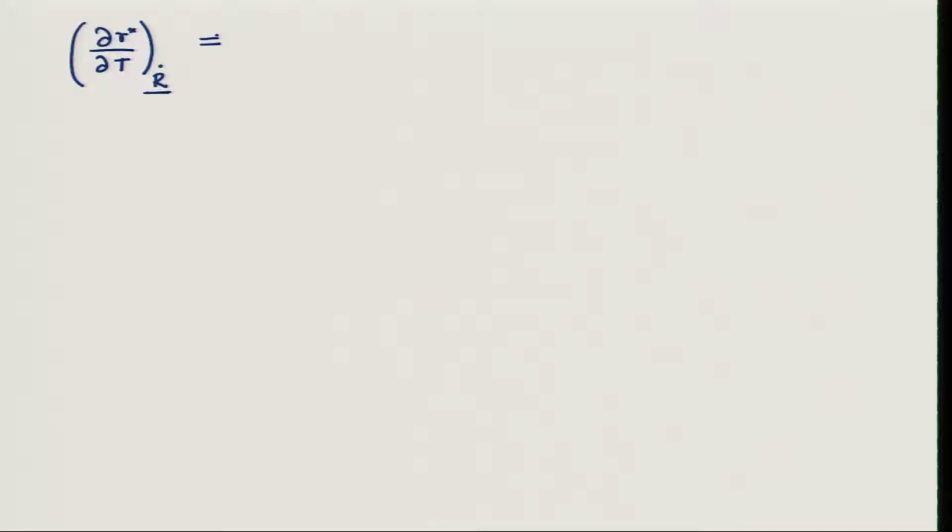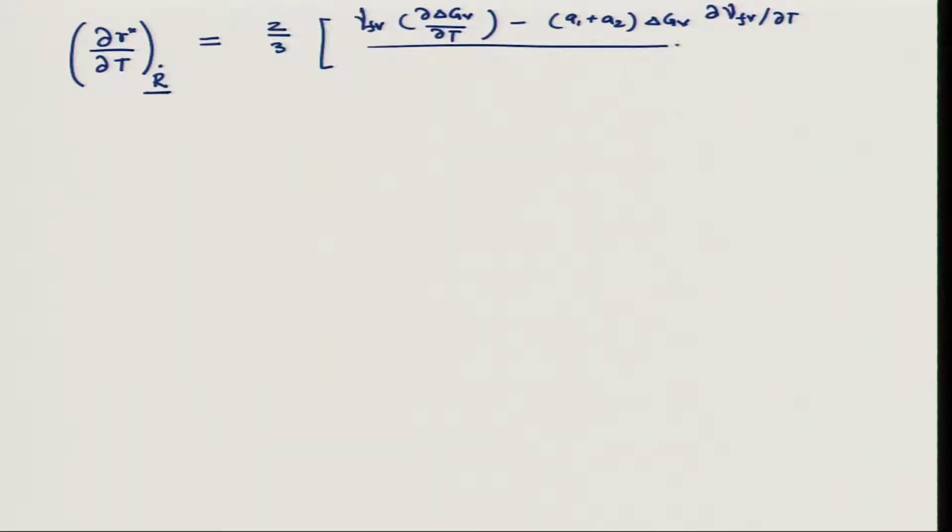So, if we solve this from the expression of critical radius, we will get an expression which is gamma Fv d delta Gv over dT minus A1 plus A2 delta Gv d gamma Fv over dT divided by A3 delta Gv square, okay.